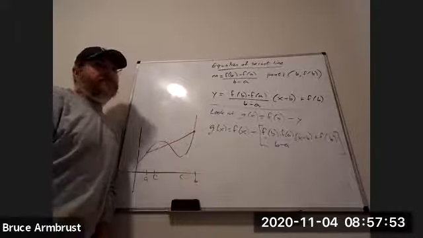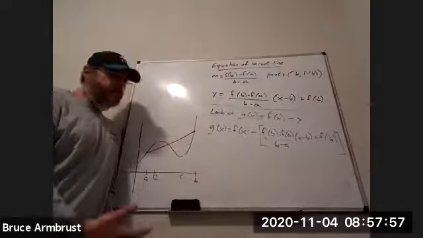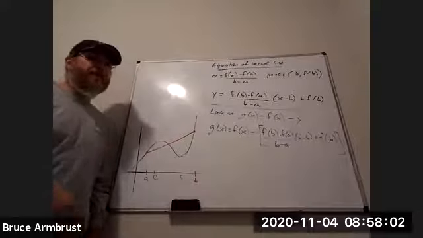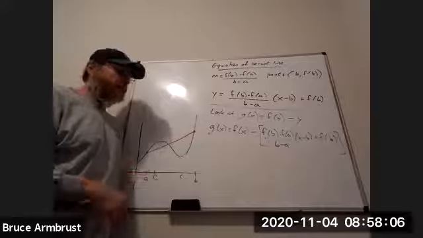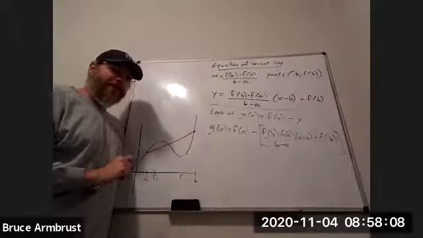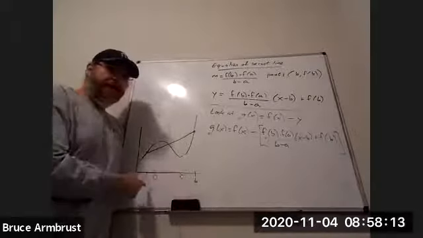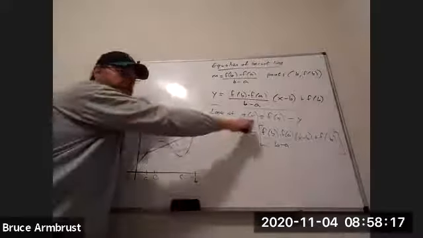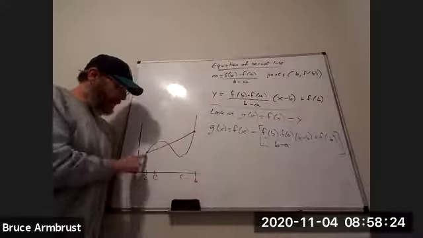Okay, so for some reason, we're looking at this weird function, which is the difference between the function and the line. I know at this point you're still probably like, whatever. Well, now I want you to look at g of x, specifically at the endpoints at a and b. What do we get? Remember, this is the difference between our function and the line. What's the difference between the function and the line when we're out here at a?